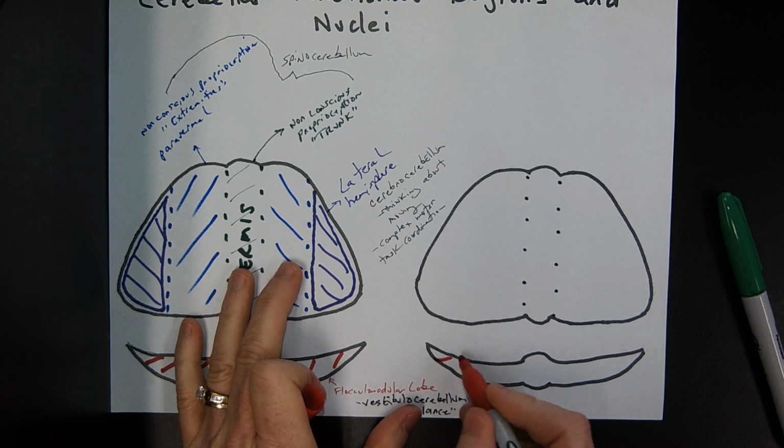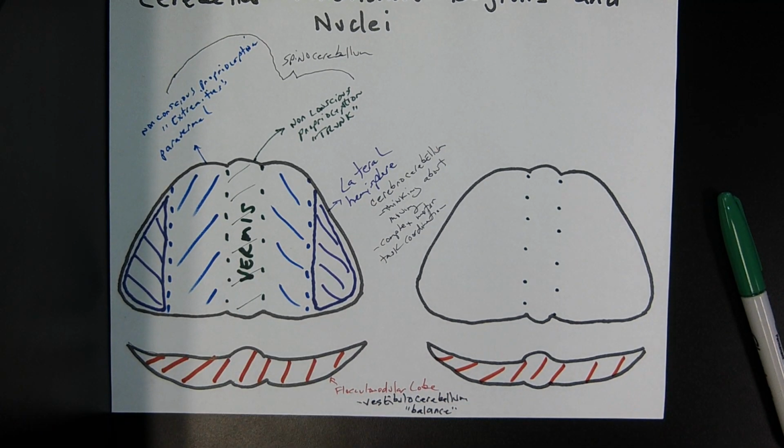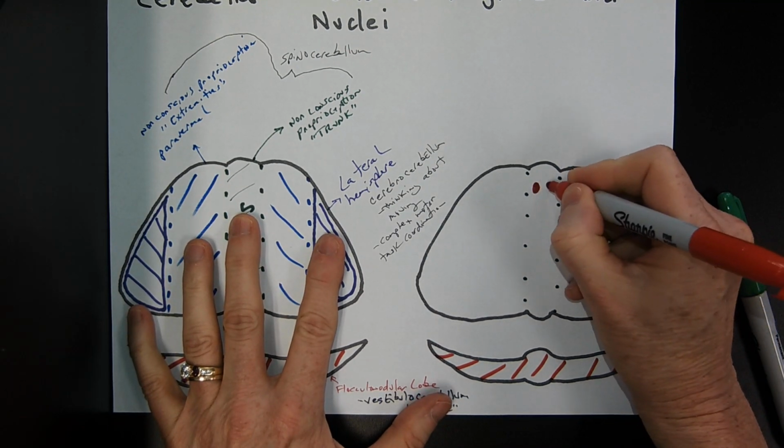these areas, here's your floccular nodular lobe. The floccular nodular lobe, as well as the vermis, is associated with a pair of nuclei. And those nuclei I'll represent here.